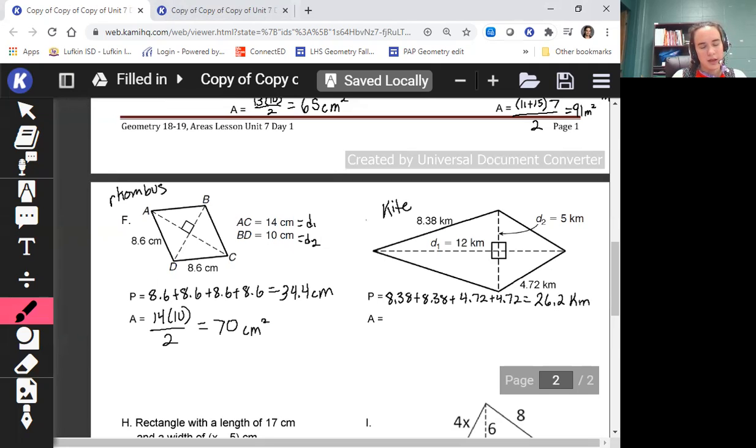And then the area for a kite, remember, is our diagonals multiplied and then divided by 2. So our two diagonals, 12 times 5 divided by 2. And that gets us 30 kilometers squared.